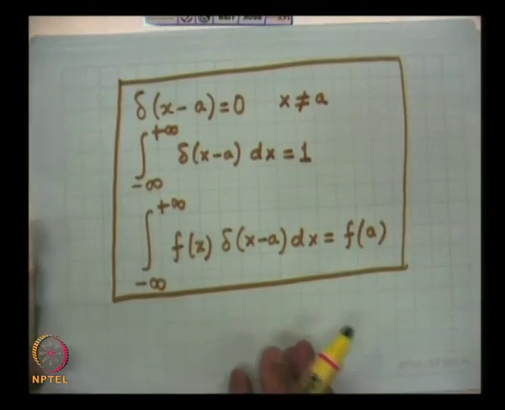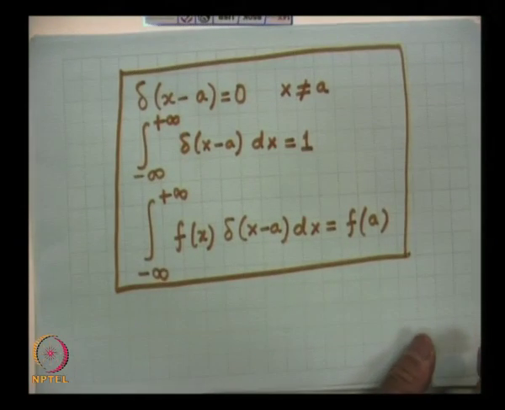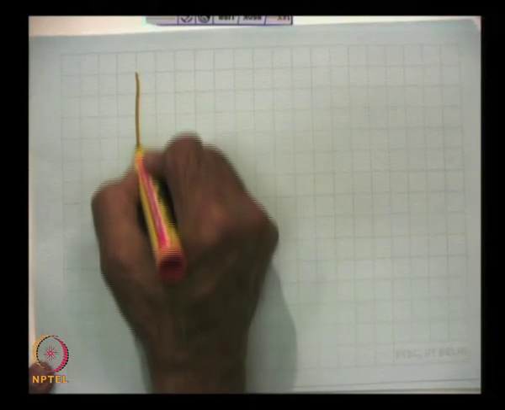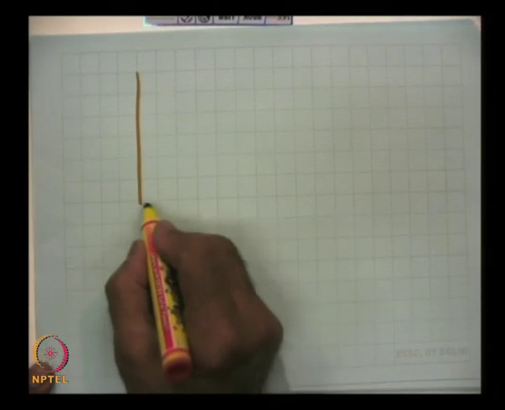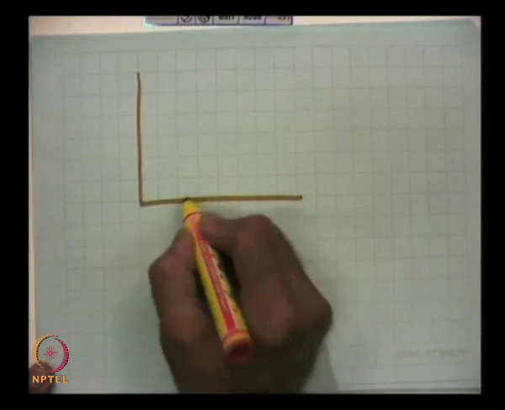But what I have given you is just one of the representations of the Dirac delta function. Let me give you one more definition. I have here, let us suppose, a ramp function. Ramp function I take like this.